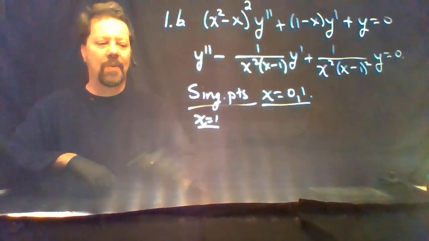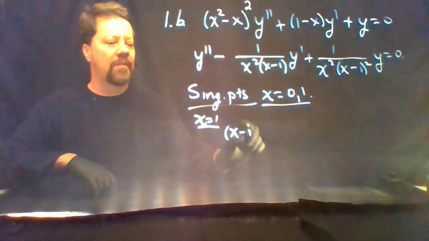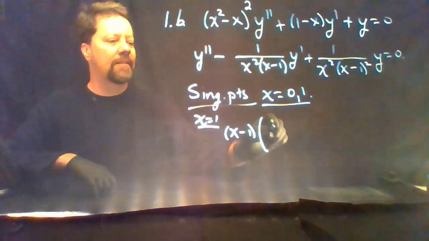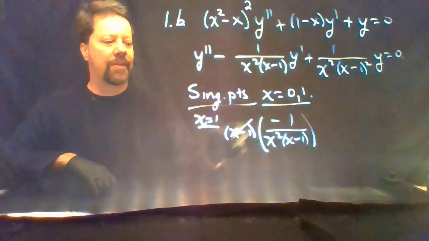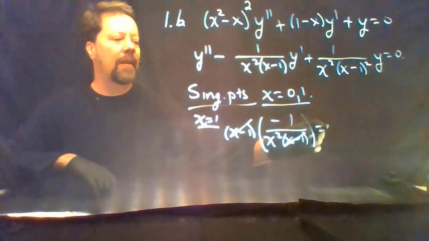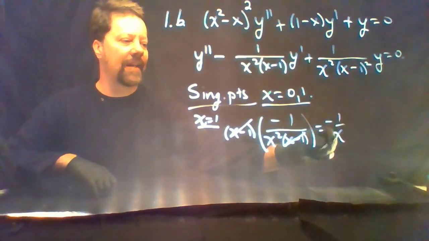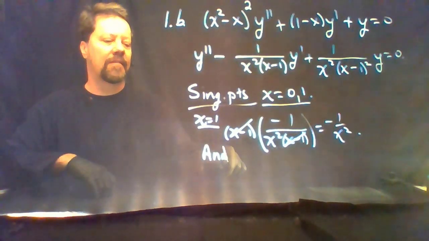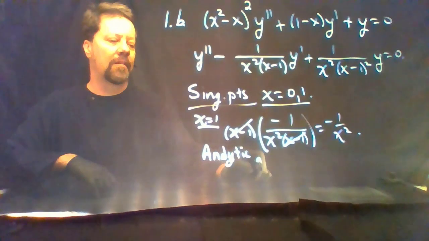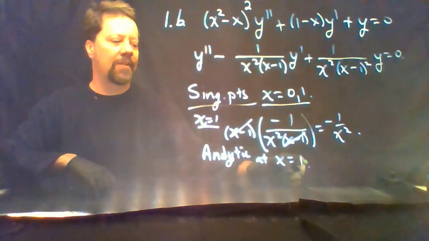At x = 1, we need to multiply (x − 1) times −1/(x²(x − 1)). You can see that the singularity at 1 is canceled out. This is analytic at x = 1.